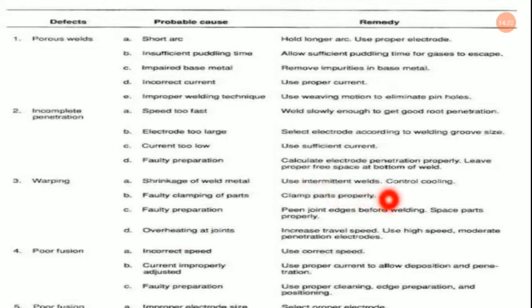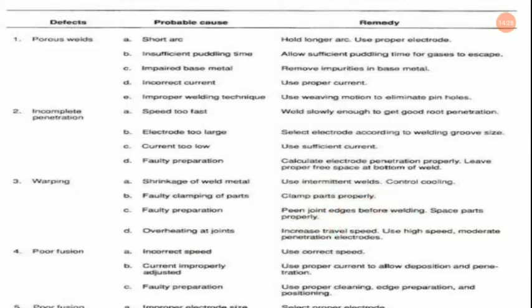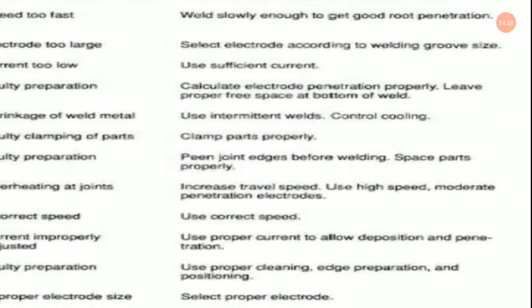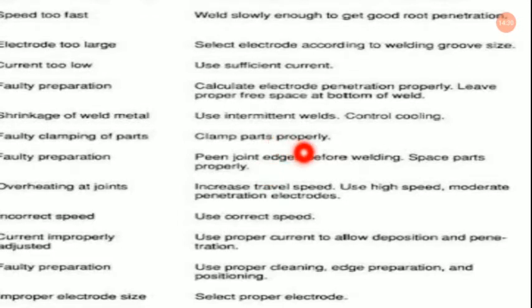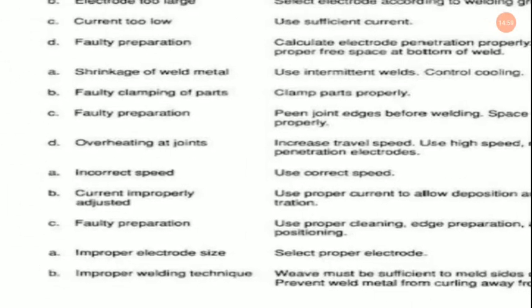Remedy is to use intermittent welds, control cooling, clamp parts properly, pin joint edges before welding, and space parts properly. Increase travel speed, use high speeds, and moderate penetration electrodes.